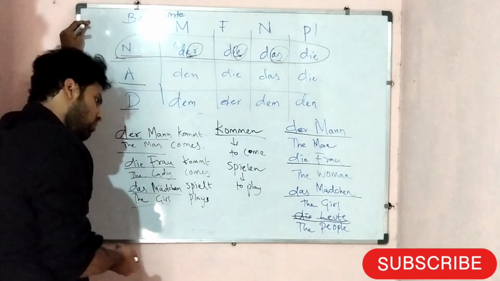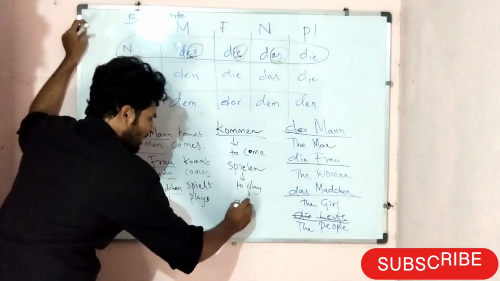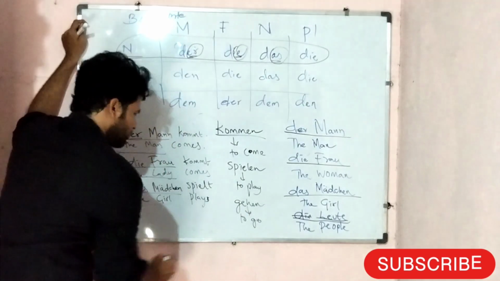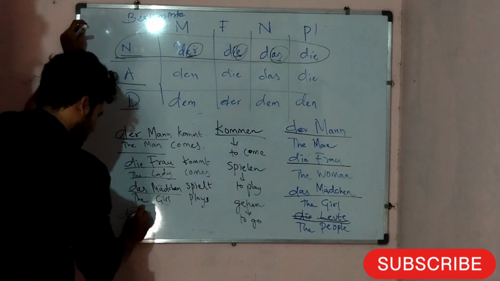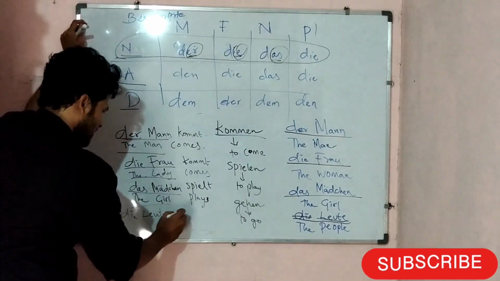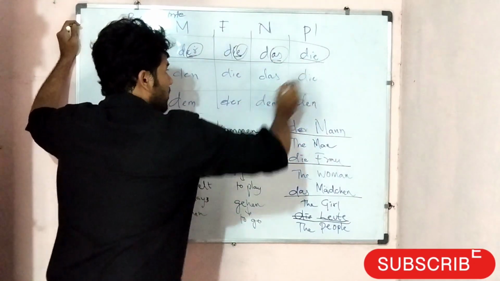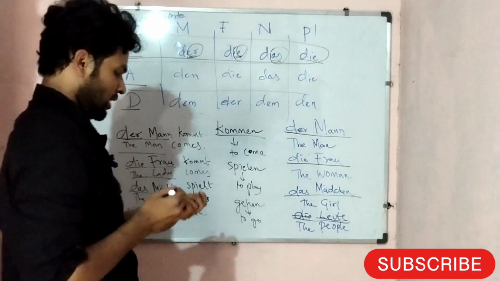And the people are going. What is to go? Gehen, G-E-H-E-N. Gehen means to go. Die Leute gehen. They, right? Die Leute, they are. What is the verb ending?